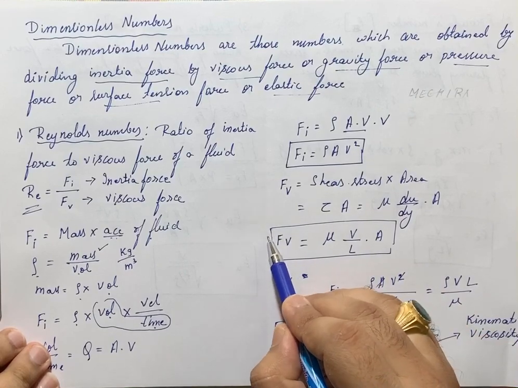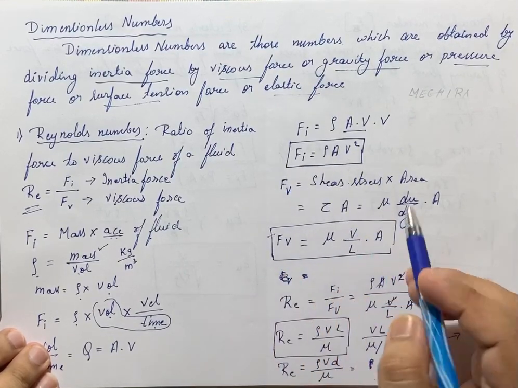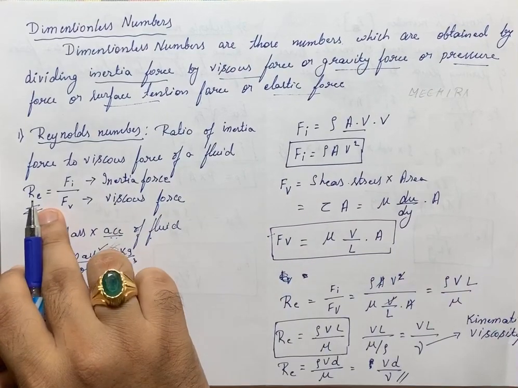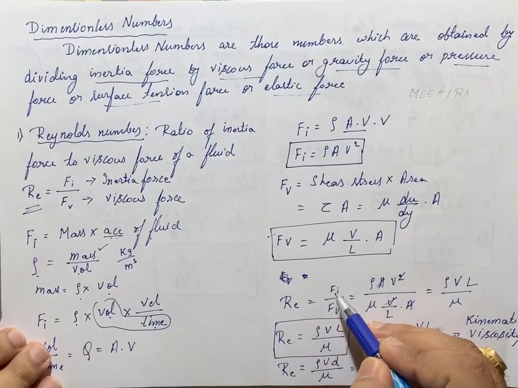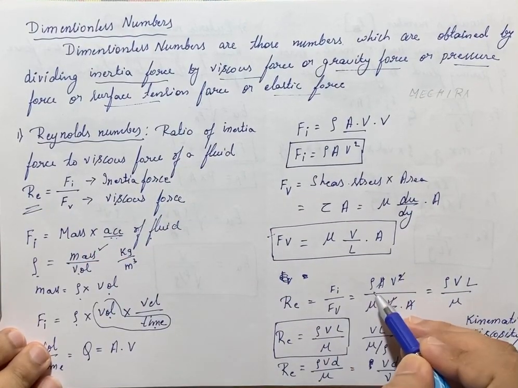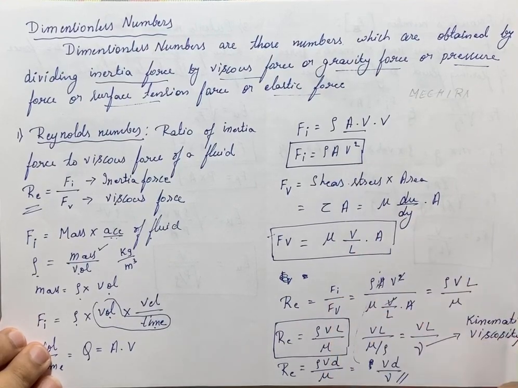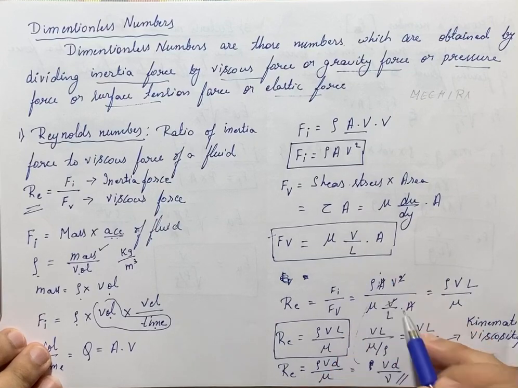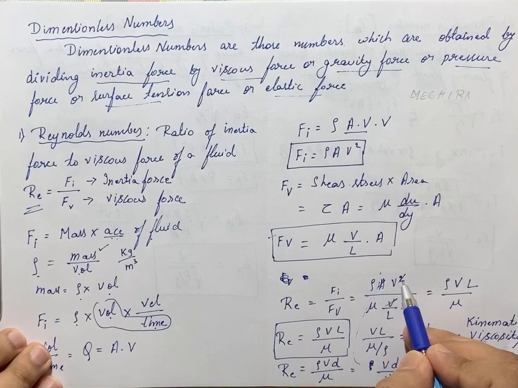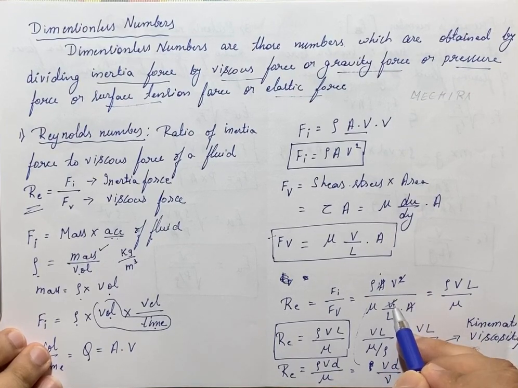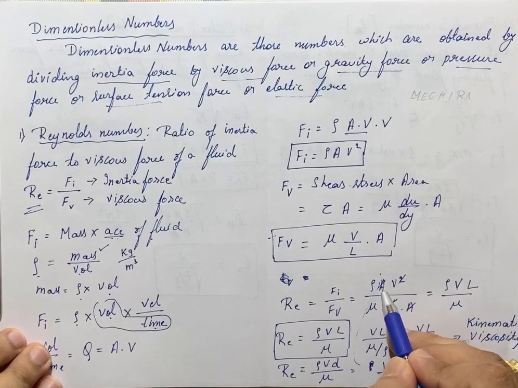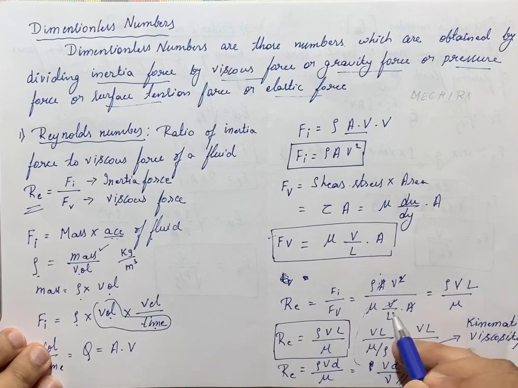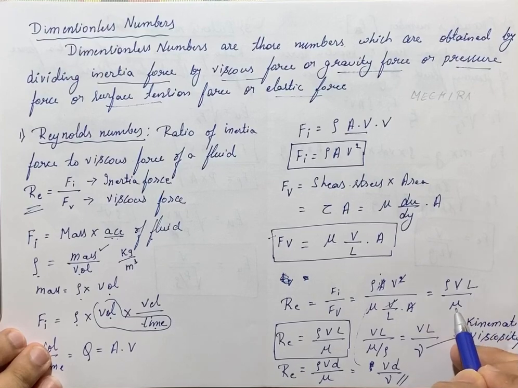We got the viscous force, we got the inertia force. So, now I will substitute in the Reynolds number formula, that is inertia force by viscous force. Rho A V square is the inertia force, and viscous force is mu into V by L into A. So the velocity square and velocity will cancel, leaving only velocity, and area will cancel, and then I can write this as rho V L by mu.